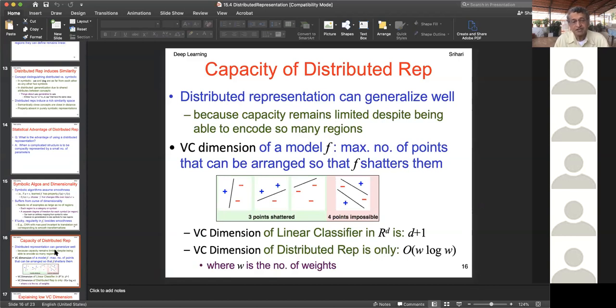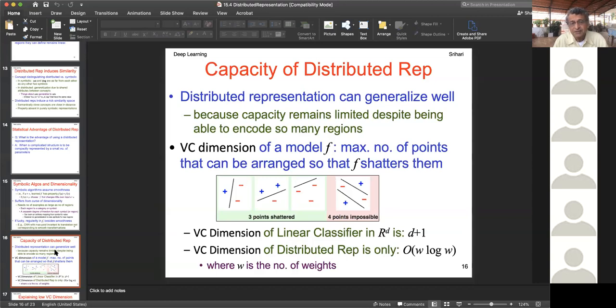There is a definition of capacity known as the VC dimension, named after two Russian mathematicians, Vapnik and Chervonenkis. It's called the VC dimension. So for a model F, if you have a particular model, a classifier, let's say, what is its capacity?